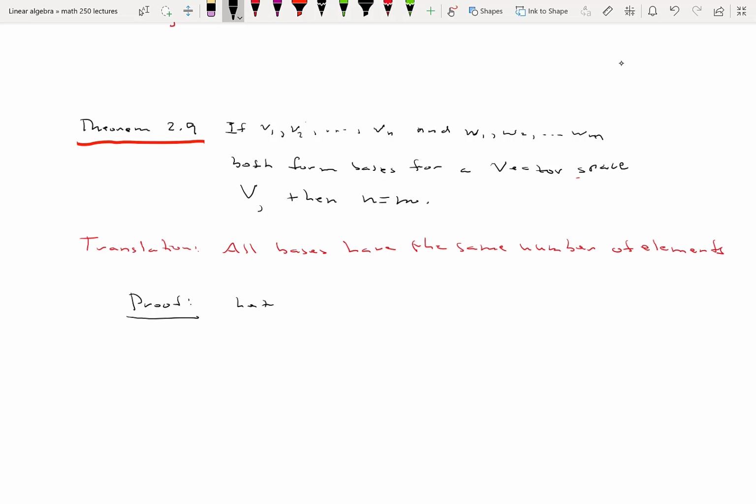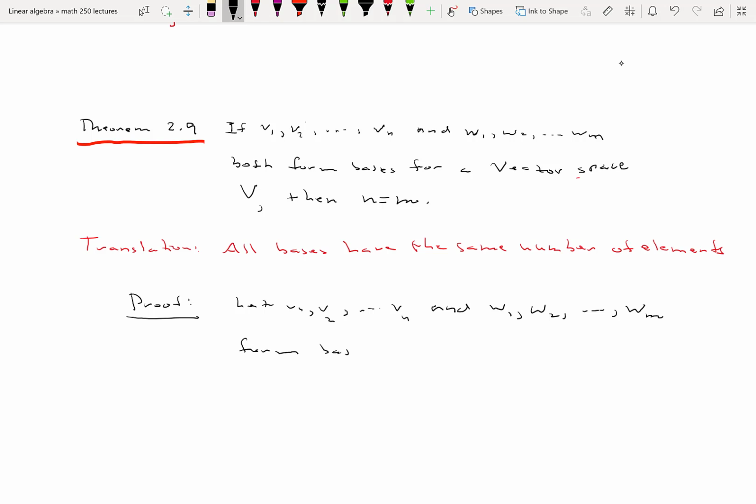Let v1, v2, all the way up to vn, as in Nancy, and w1, w2, all the way up to wm, m as in Mary, form bases.